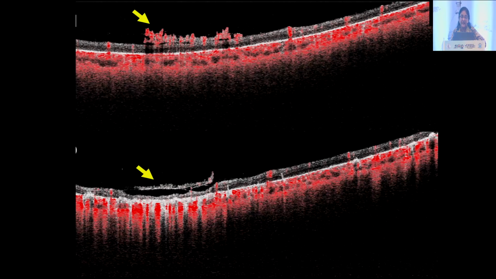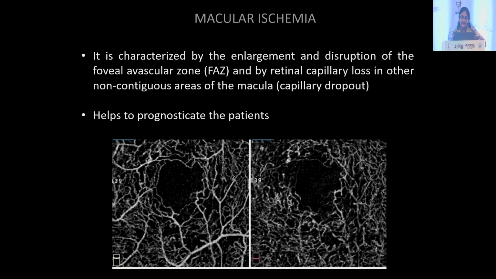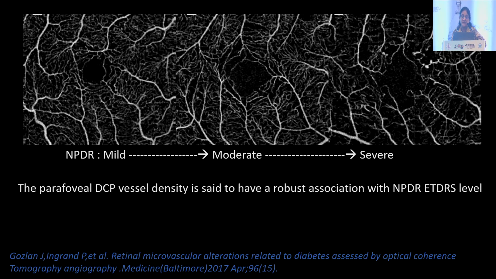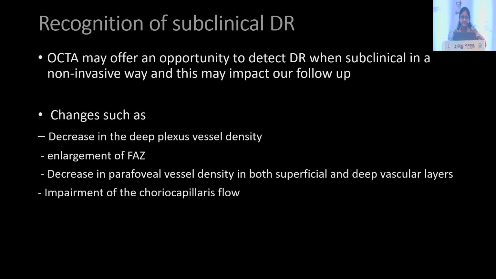This shows the active neovascularization above the ILM, which has shown a beautiful regression after the laser treatment. You can also pick up macular ischemia by enlargement of the foveal avascular zone, and thus you can actually monitor the progression of changes of diabetic retinopathy by a non-invasive tool such as OCTA.